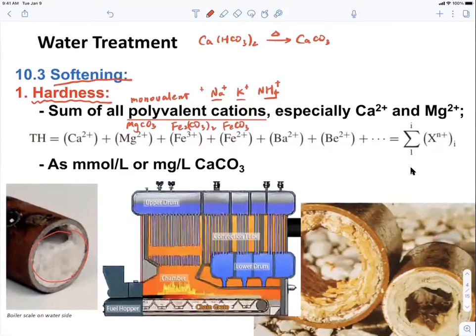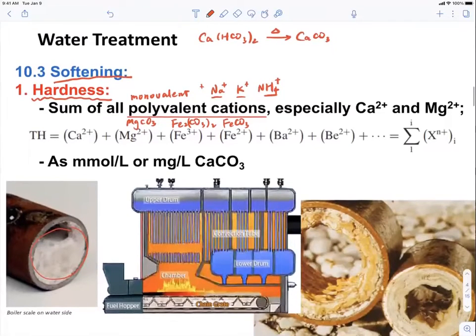So because of that, if you imagine how we do this calculation here, we shouldn't directly add up all the mass concentrations, right? Let's say the calcium has a mass concentration of 20 milligram per liter, or the magnesium 20, right? Let's say iron is 1 milligram per liter.